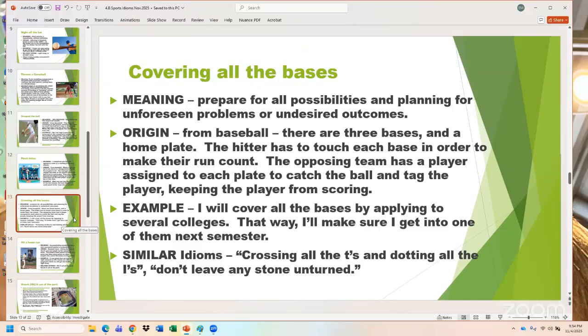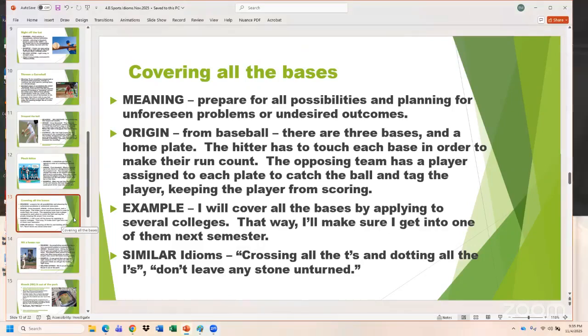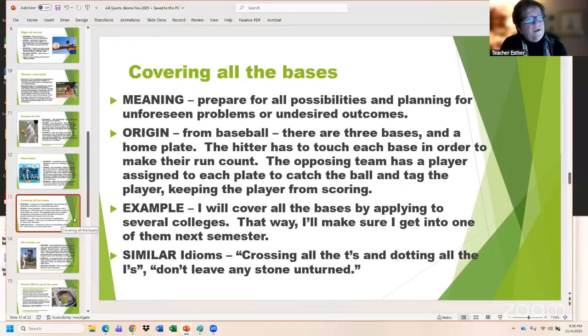Covering all the bases, meaning prepare for the possibility and training for problems or undesirable outcomes. Origin from baseball. There are 3 bases and a home plate. So this is back to that diagram, those 3 bases and the home plate.